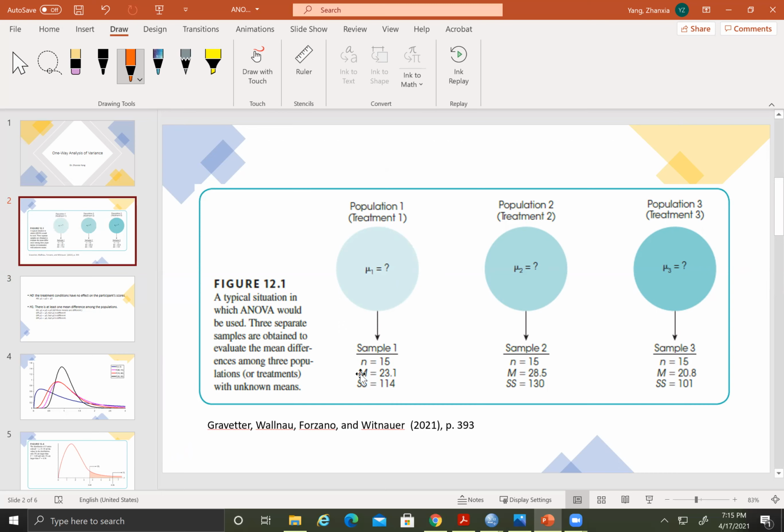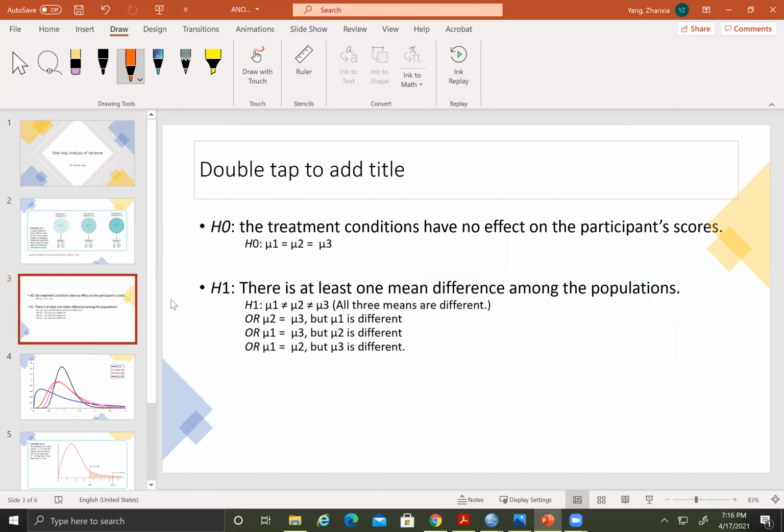The sample means are the M's here. They are already calculated; they are facts. You don't test them, but we use these data to make generalizations by this statistical testing. Another way to say it is that the treatment conditions have no effect on the participants' scores, if we are testing the scores from these three treatments.